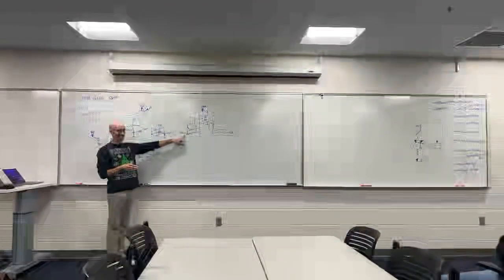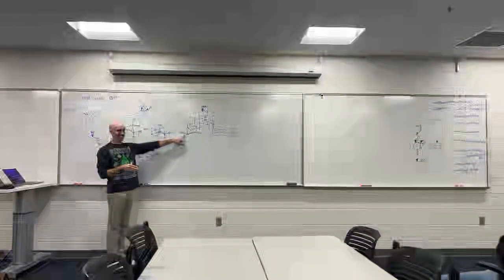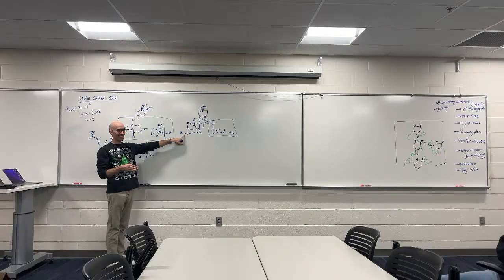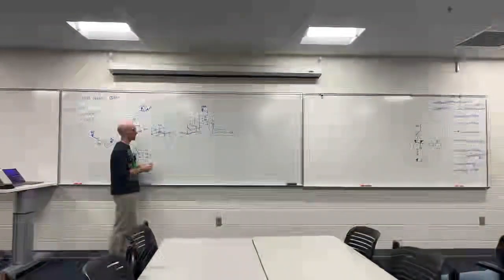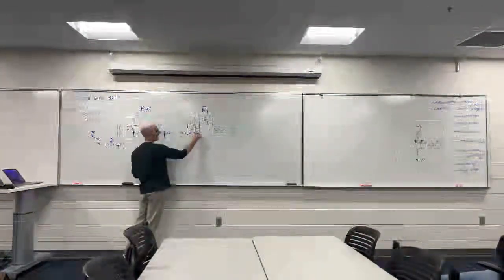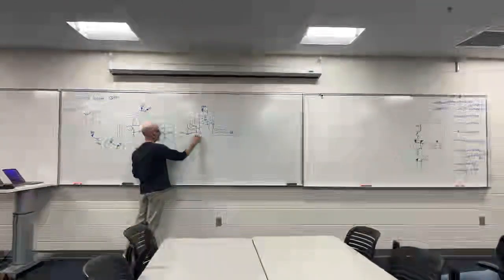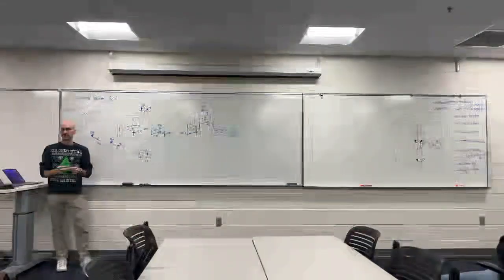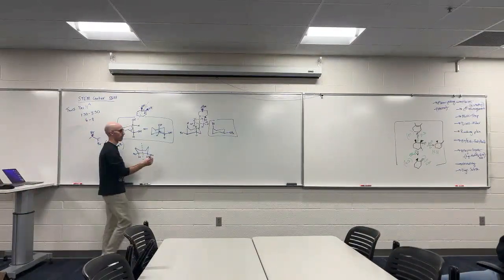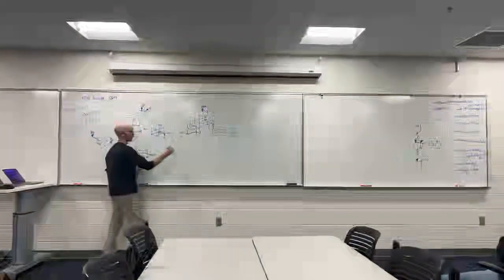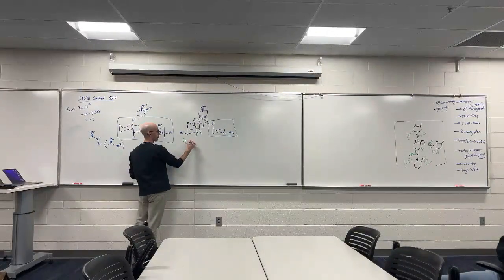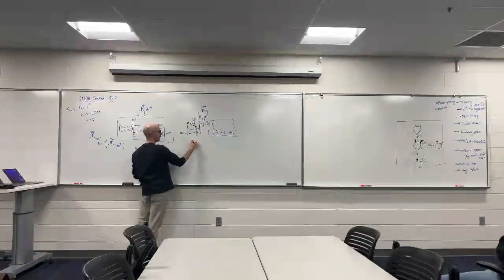Despite the fact that this is up and this is down, they're both in equatorial positions. And in order to be anti, they'll need to both be in axial positions. So this is the conformation of this molecule that is reactive to E2. The conformation on the left is unreactive to E2.